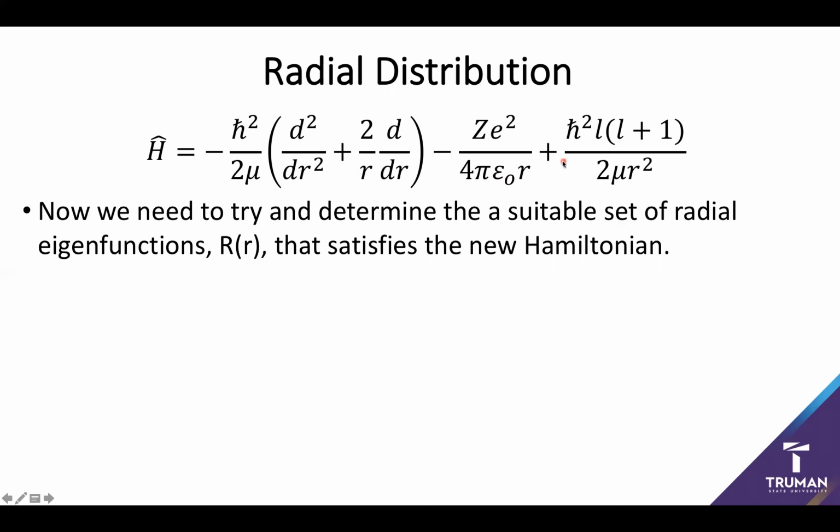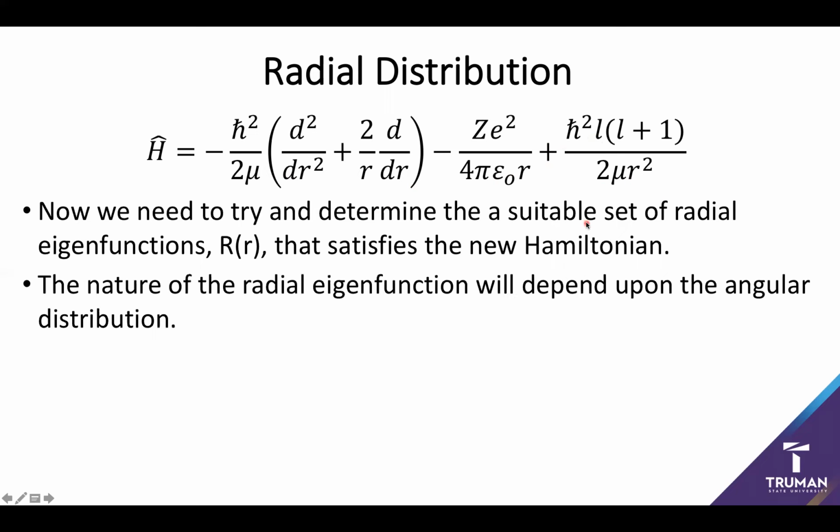But unfortunately, our Hamiltonian does actually change upon the choice of total angular momentum of the system. So this dependence upon the angular momentum is really going to change the form of the radial eigenfunction upon the choice of L. And one good way to look at this is under some extreme circumstances.